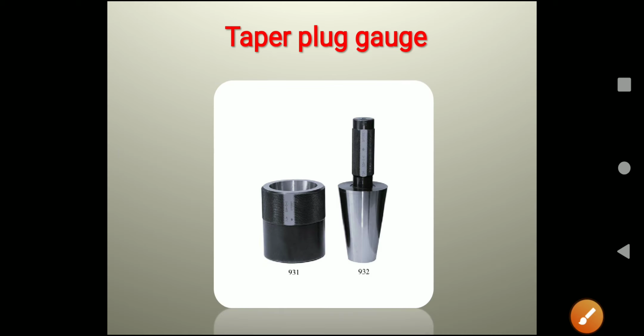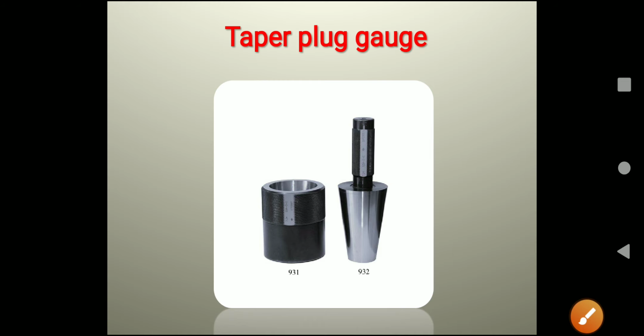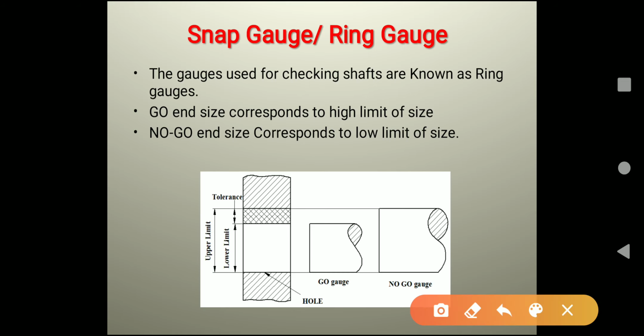Next we will see the taper plug gauges, which are used for checking tapers. Here you can see a master piece and a taper plug gauge. Next we will see the snap gauges or ring gauges. The gauges used for checking shafts are known as ring gauges.